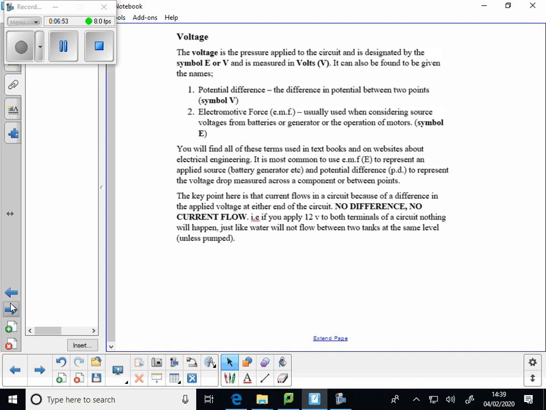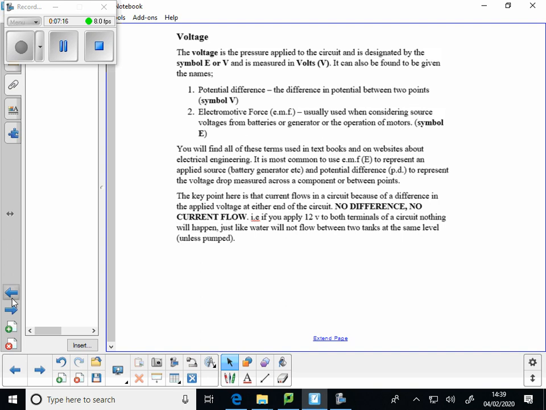It forces current around the circuit. There are a couple of names. Call it potential difference, the difference between 2 different points on a circuit in volts, or an EMF, which you'd use for a source like a battery or a voltage from a generator.